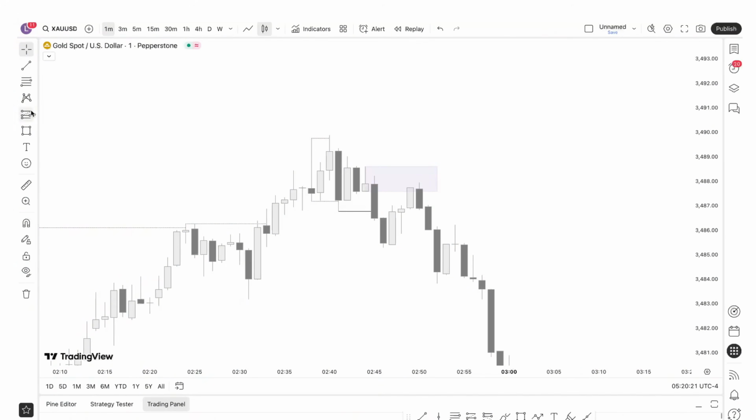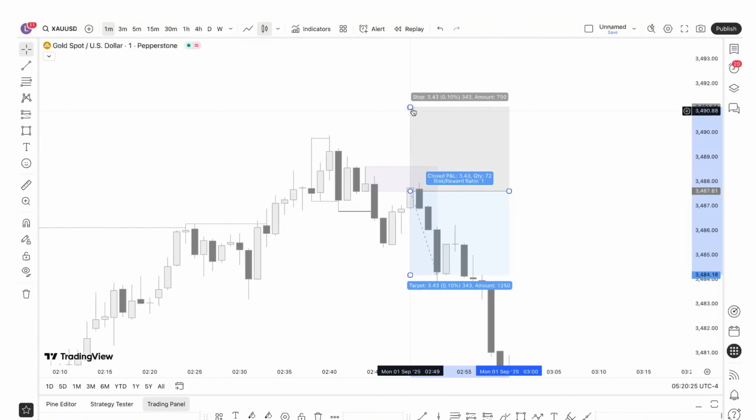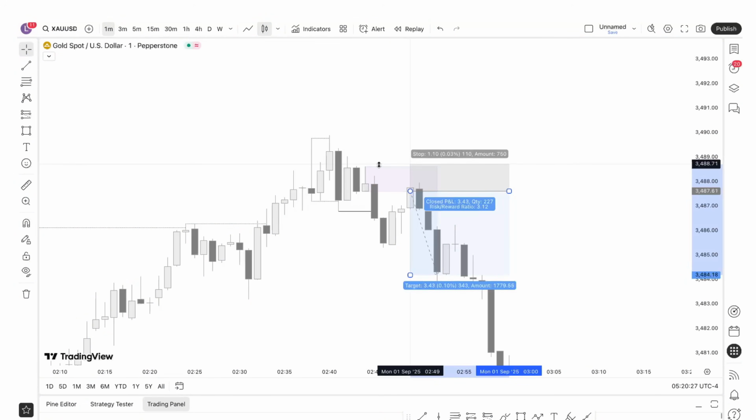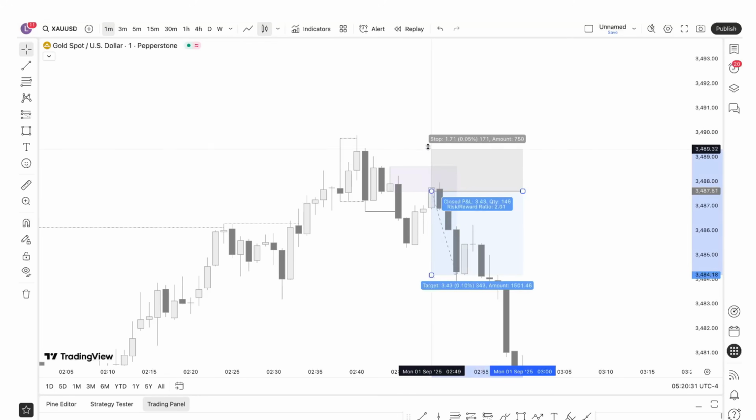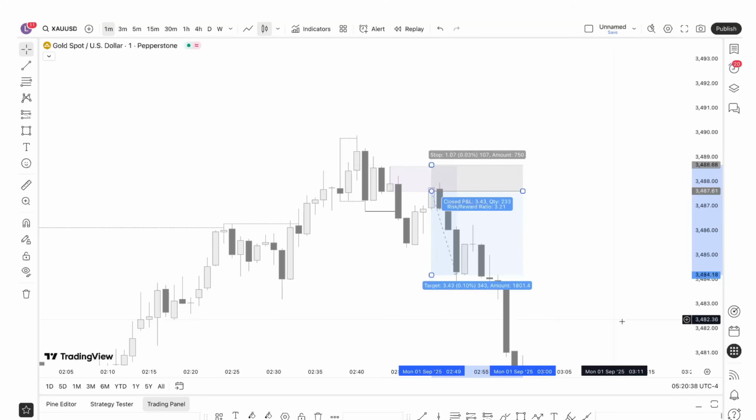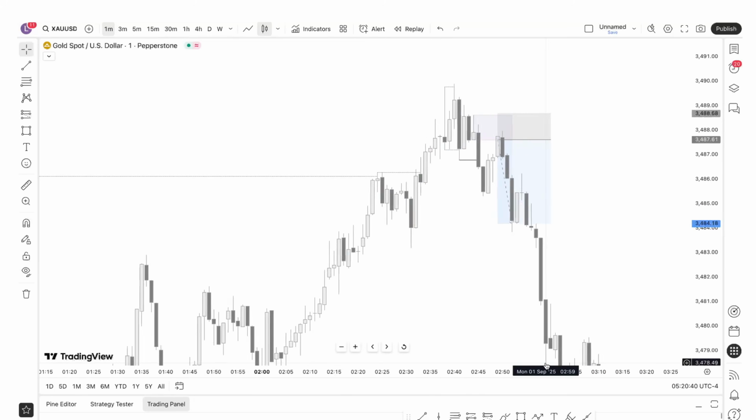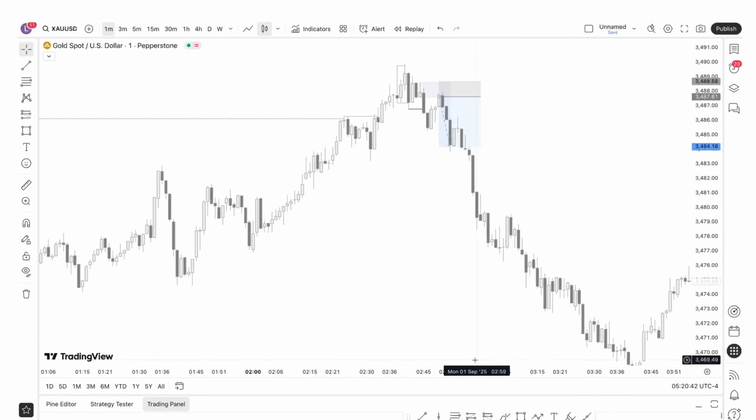So I will plan a sell entry over here, and my SL I would place over this high. This would be our strongest high, or if you want to be safer, you can consider using this high as well. So I am keeping it over here, and we are selling from this candle. And what would be my target?